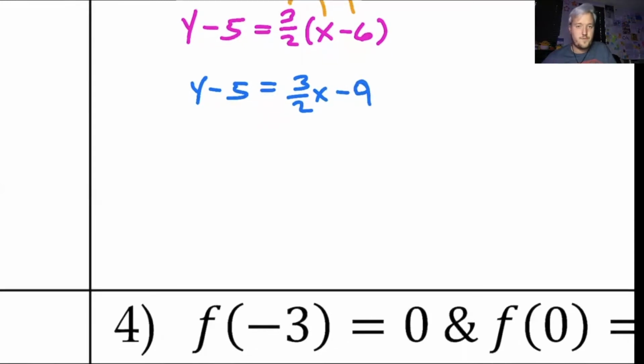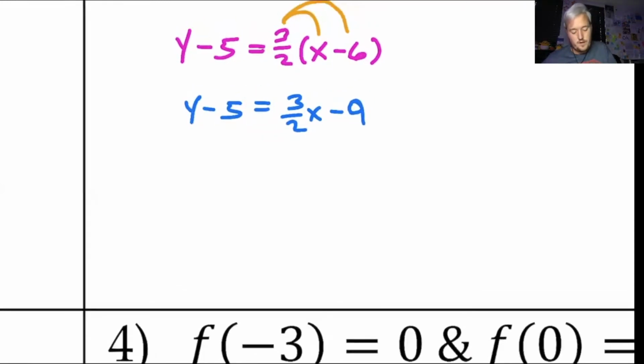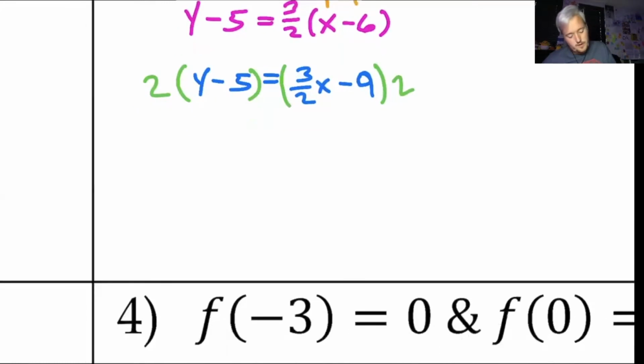Right here, if you see, my slope was 3 halves, so it's a fraction. Can't have that. Because I'm dividing by this 2 right here, I'm going to multiply everything by 2, just so I can get rid of that fraction. So here, I'll have 2y minus 10 equals 3x minus 18.